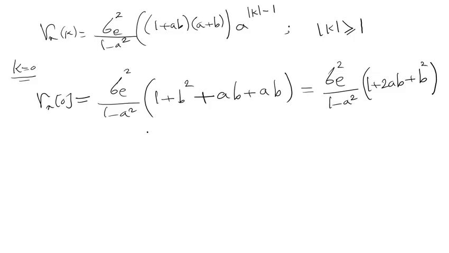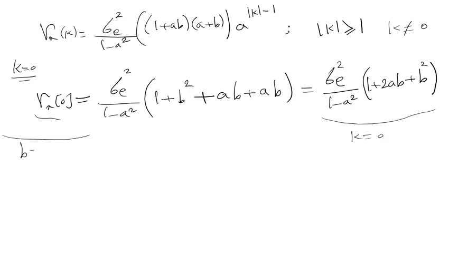Now it's over and I found the autocorrelation function of ARMA process. For 0 lag is this term, for k equals to 0 autocorrelation function is this, and for k not equal to 0 is this term.